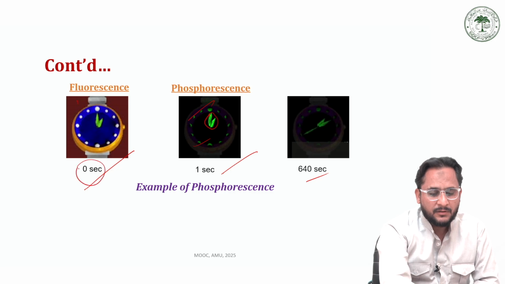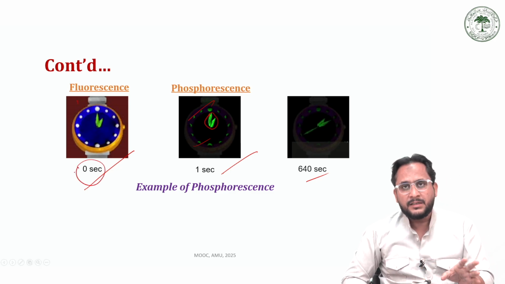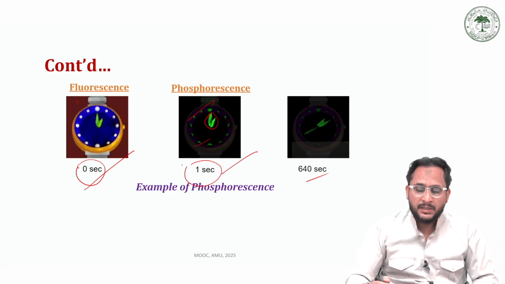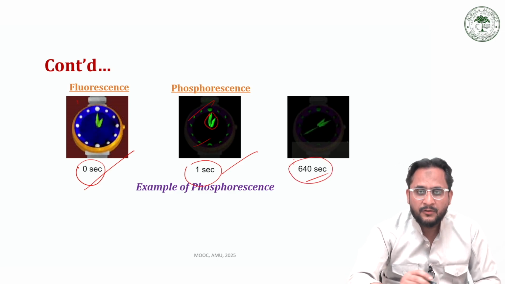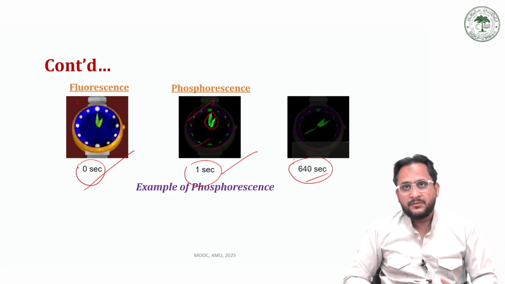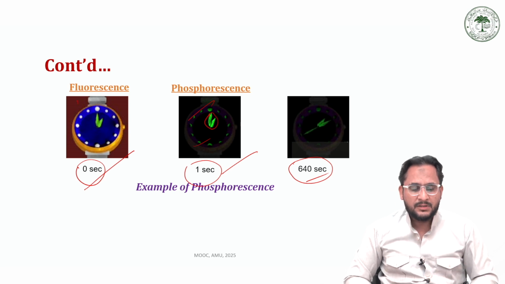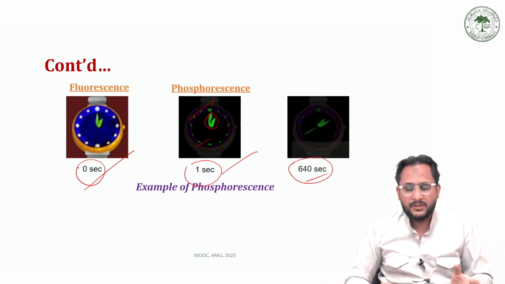Fluorescence exists for 0 seconds once the light is removed, while phosphorescence exists for a certain period of time. In some cases, it can go up to hundreds of seconds, meaning up to 1 minute in case of phosphorescence. So this is the difference between the appearance of these two phenomena.